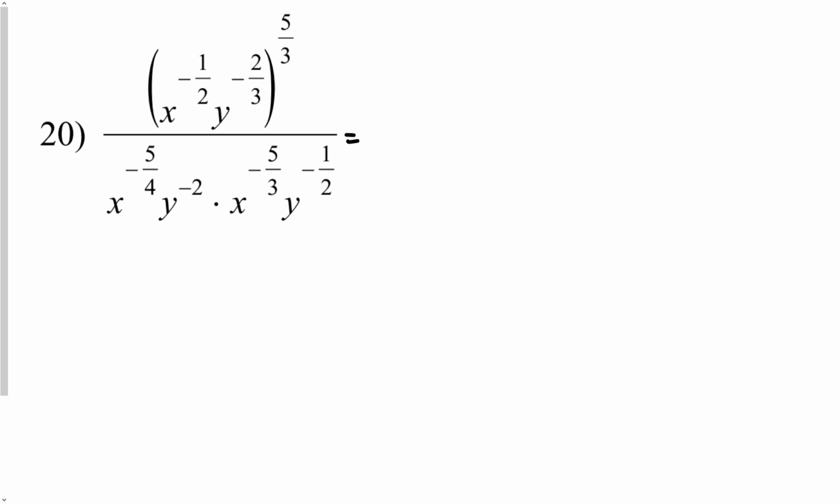So power to a power, multiply. So we have x to the negative 5/6. Right, multiply. Y to the negative 10/9 over, we can put those two together right like that.